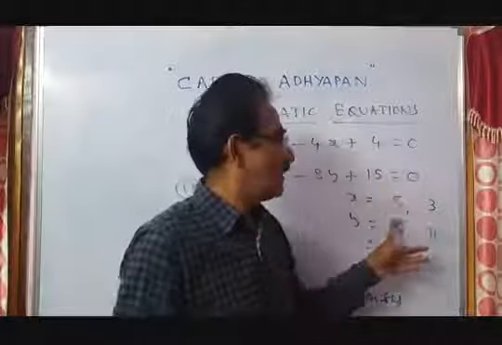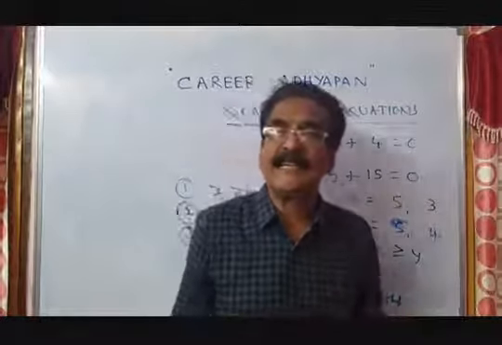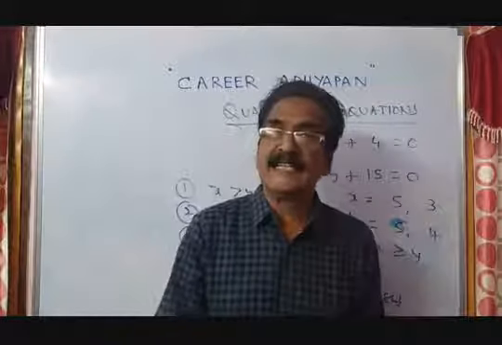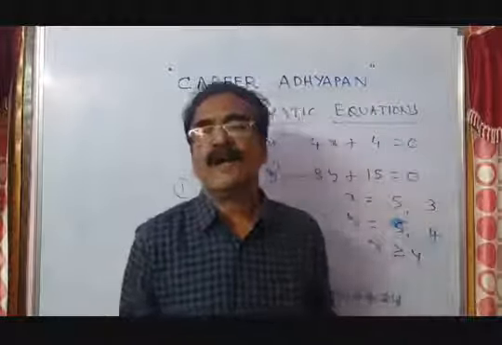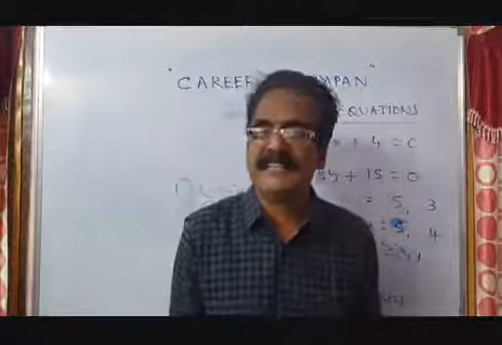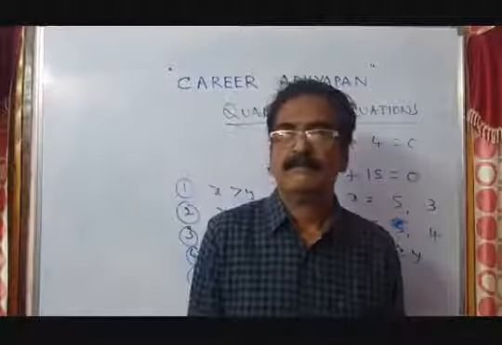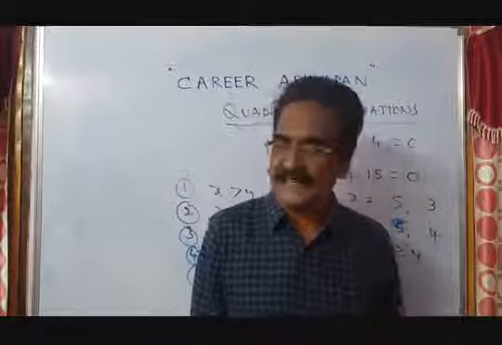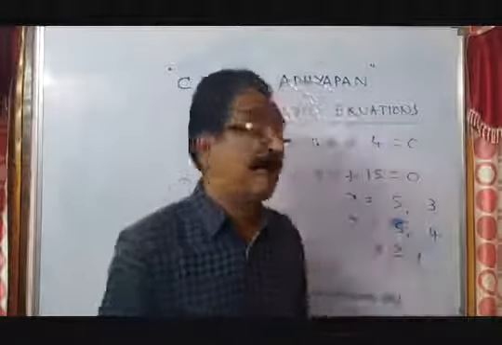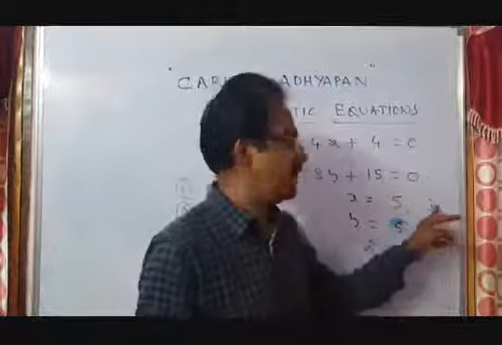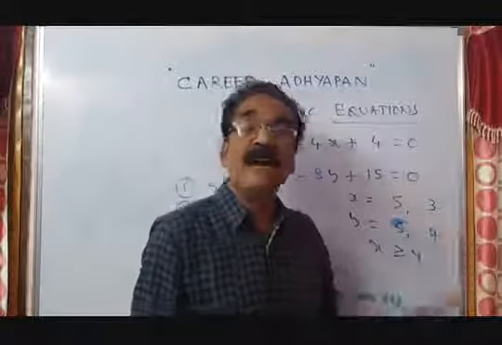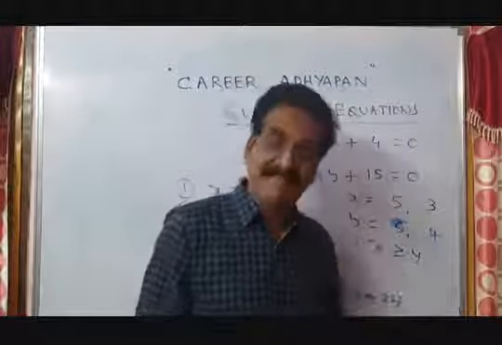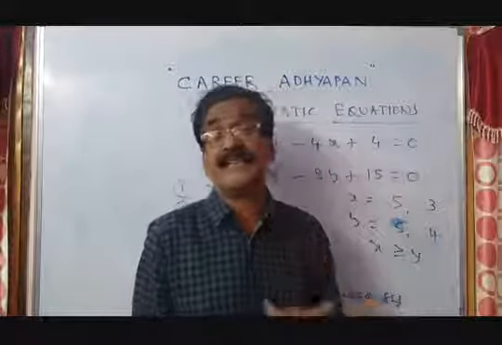So one time you are getting x greater than or equal to y, and one time x less than y. So you can't establish any relation between x and y. That is the reason why I tell you, friends, you have to compare both the values of x with both the values of y, and then only come to a conclusion whether there is any relation between x and y.